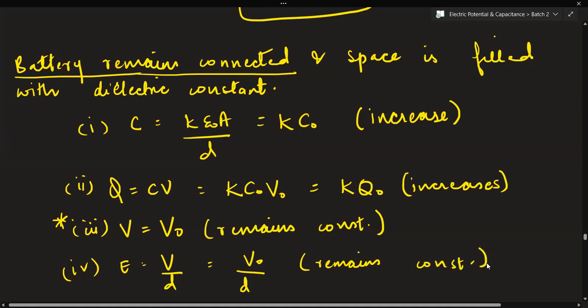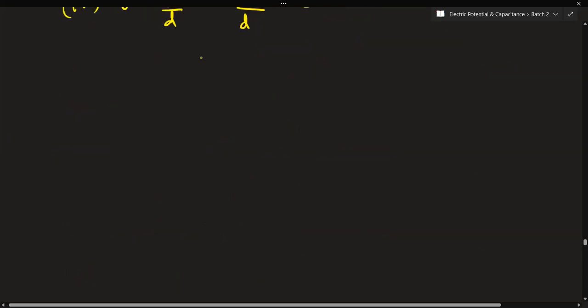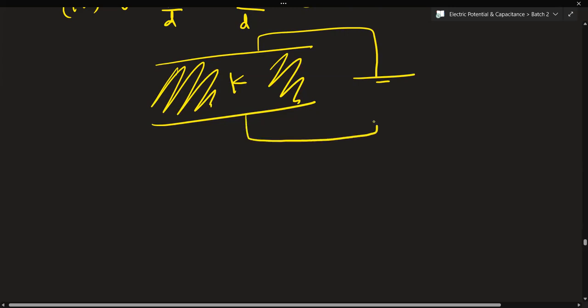But now, if I take the same case, I have a capacitor with me. Dielectric slab is completely filling it. I have this circuit with me, but somehow I disconnect this circuit. There's a barrier which you can see. I have disconnected this circuit in between. Potential is V, let's say.